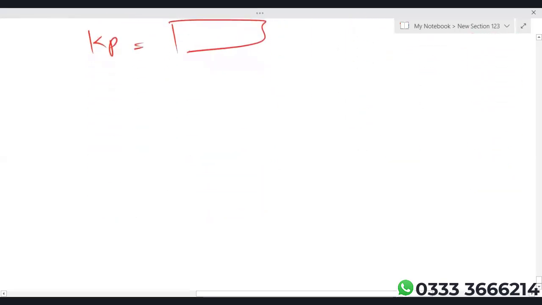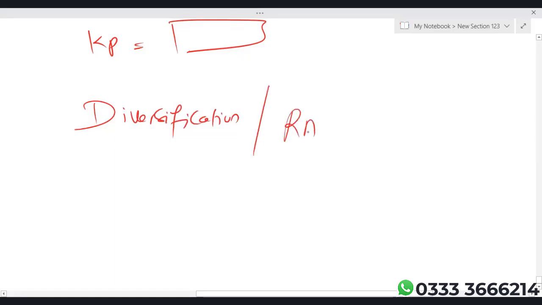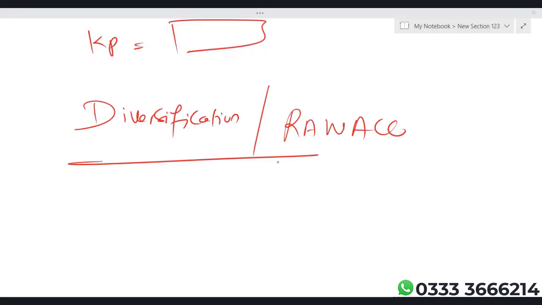Okay, now. In case of diversification, how do we calculate risk adjusted WACC? Diversification means making investment in a non-core activity, in a different industry.